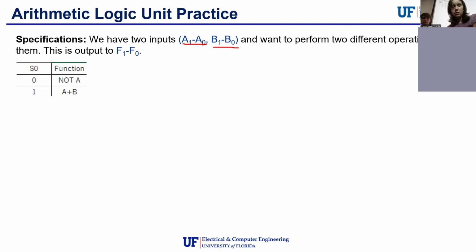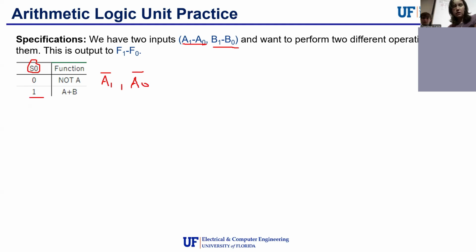And so here is the select bit, which we literally put into a multiplexer to determine which one of these functions we do. If that select bit is 0, then we want to output not A. So we want to output a bus of A1 not and A0 not.